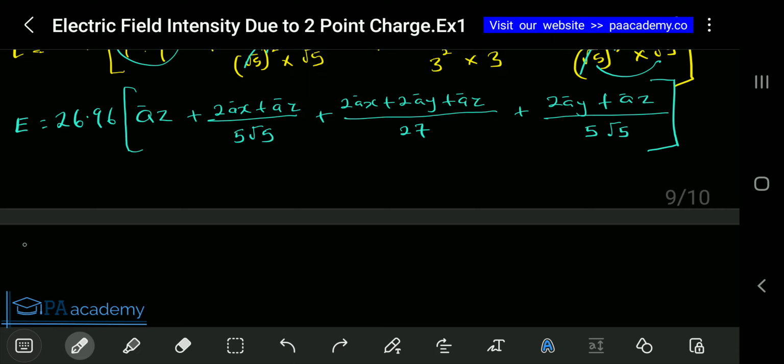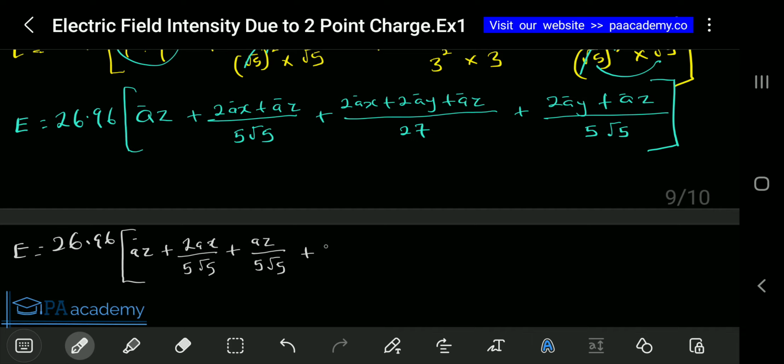So in doing that, we are going to have our E. I'm just making sure I don't skip any step. E is equal to, so let's split it, 2AX over 5 root 5, plus AZ over 5 root 5.